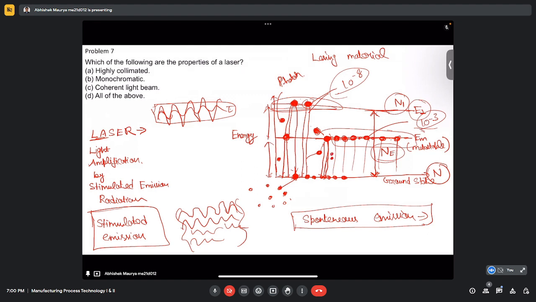So basically two photons will come out, and this process is called stimulated emission. Basically, this electron gets stimulated by this photon to come to the ground state and release an additional photon of the same energy. So that is called stimulated emission.